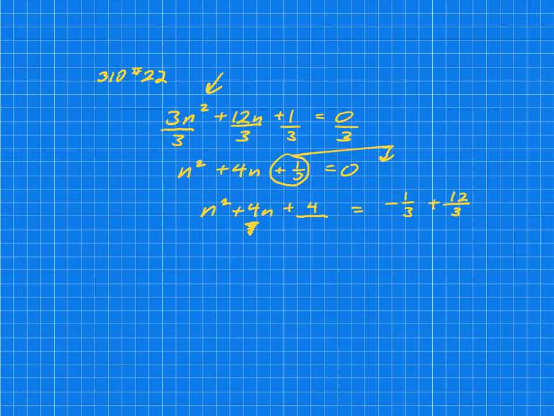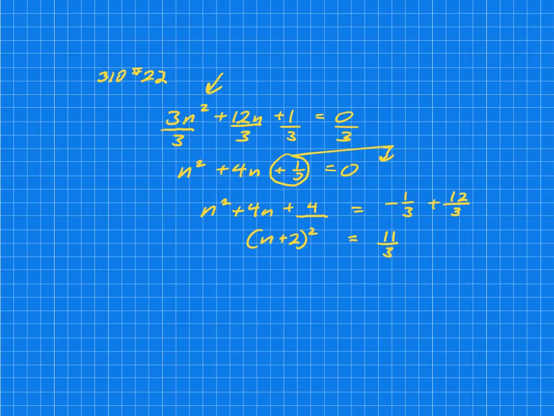And that saves you a little bit of time and maybe makes things a little bit easier for you. So now I can collapse the left-hand side to become n plus 2 squared. You can just factor that if it makes it easier for you. And that is going to be equal to 12/3 minus 1/3, which gives me 11/3.